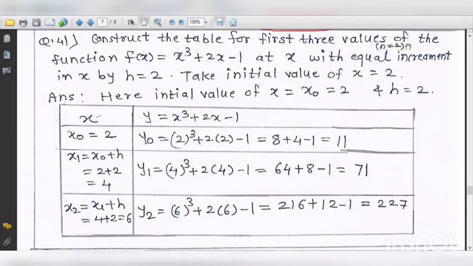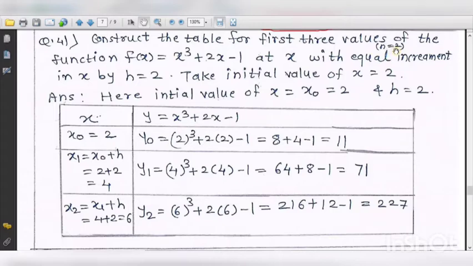For the first 3 values of the function f(x) equal to x cube plus 2x minus 1, with equal increment in x by h equals 2, take the initial value of x equal to 2. So here you have been given equal increment h equal to 2. It means we have to obtain the equidistant values of x. So first 3 values of the function f(x) means you have to find values of the function till n equals 2.